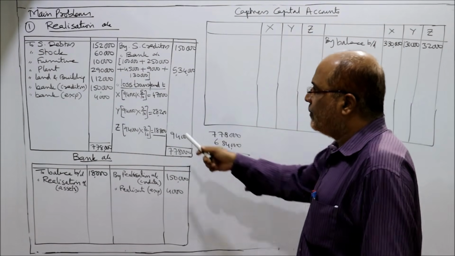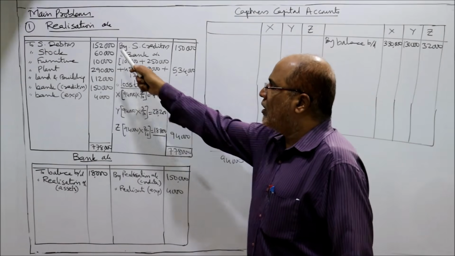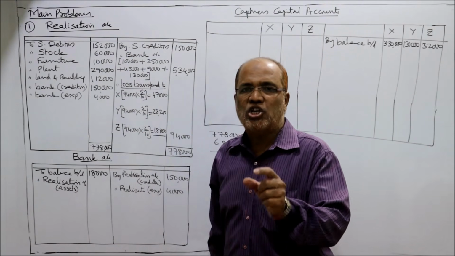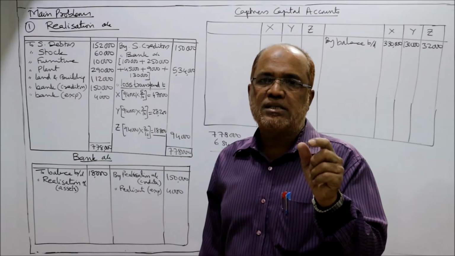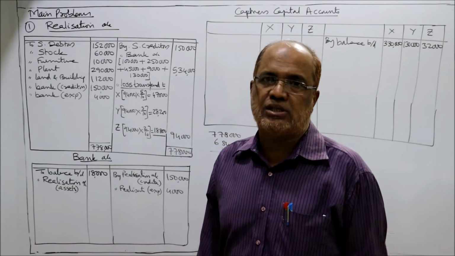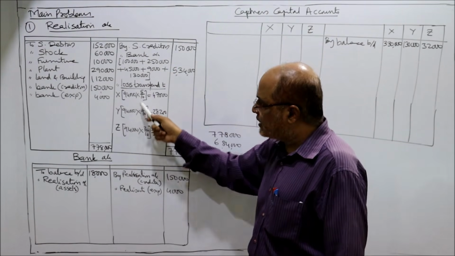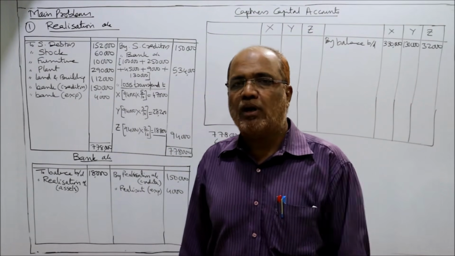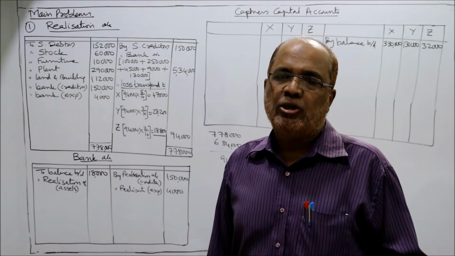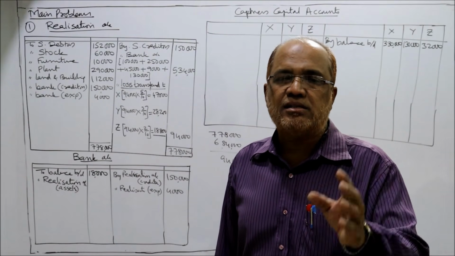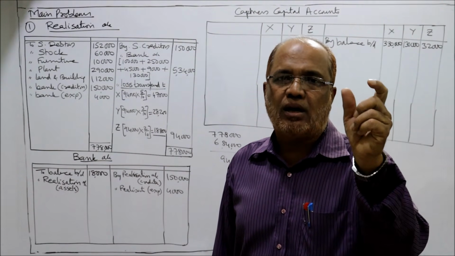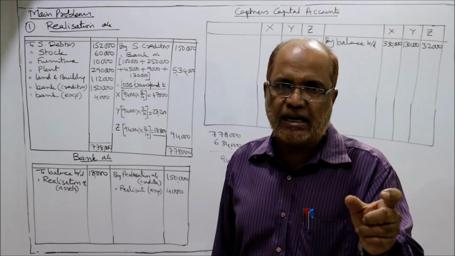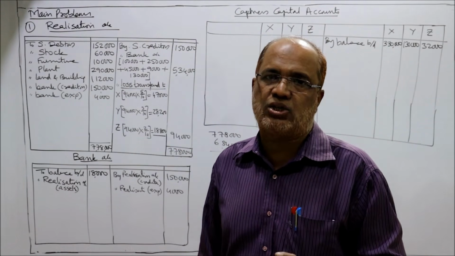Now the loss on this realization, the journal entry is partners capital account debtor to realization. क्योंकि realization को credit करे, तो debit किसको करेंगे? Partners capital. तो loss on realization, the entry is X capital account debtor, Y capital account debtor, Z capital account debtor to realization.